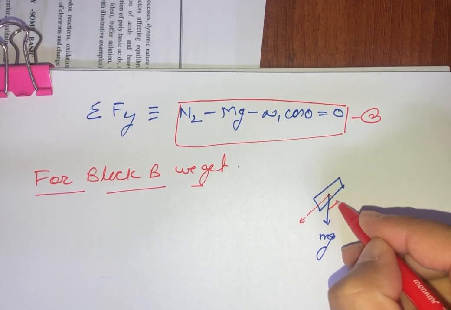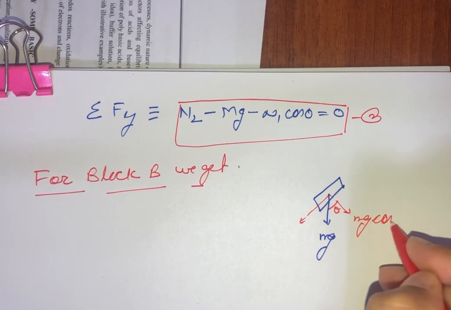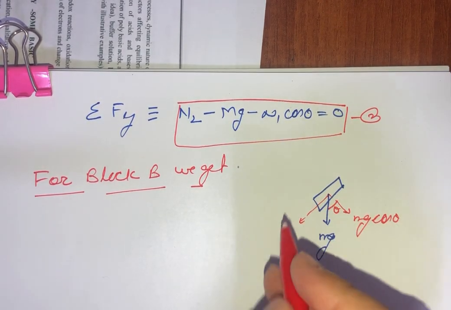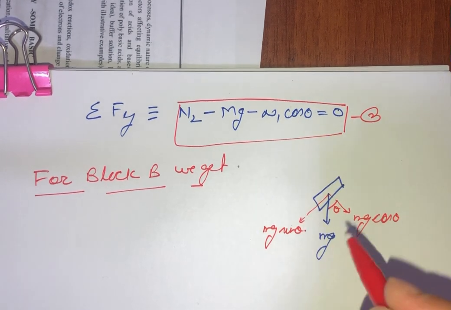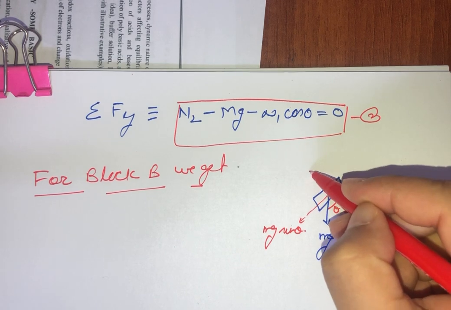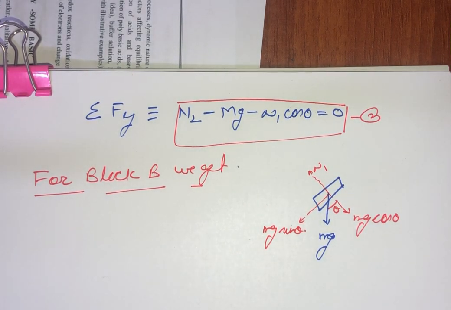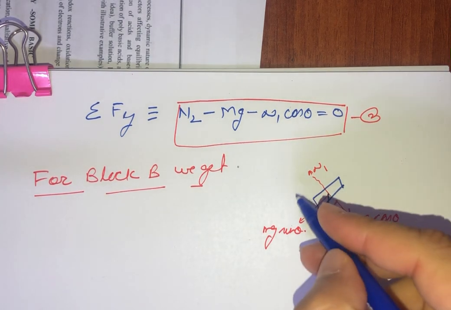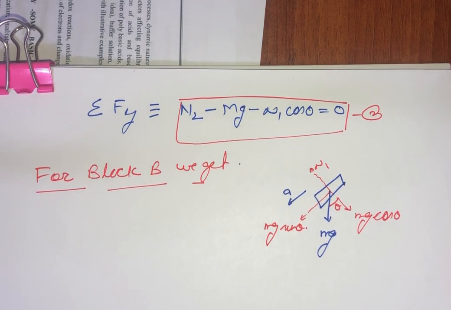So this will be over theta, so we have mg cos of theta, and this will be mg sine of theta, and there will be normal N1 in this direction, N1, and also we have acceleration a in the downward direction.